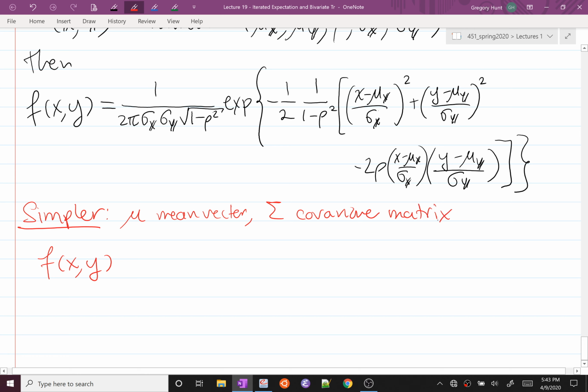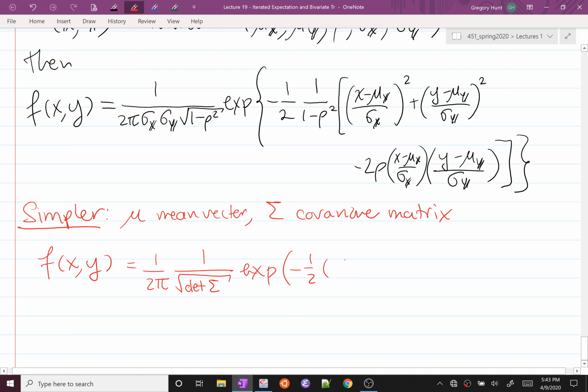The way we can write this is 1 over 2 pi, one over the square root of the determinant of sigma, times the exponential of negative 1/2.